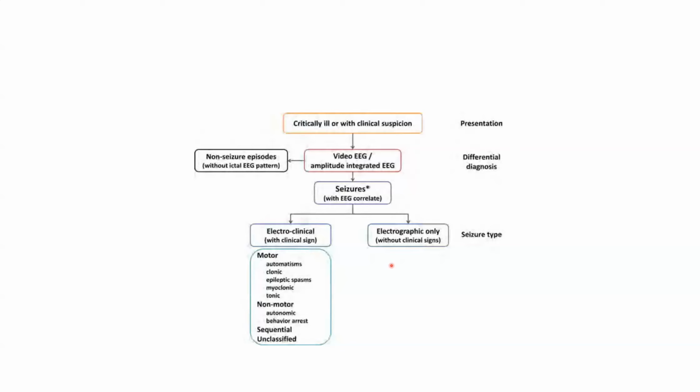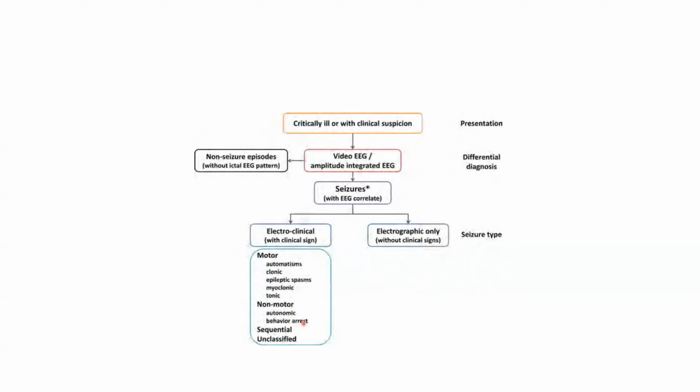When you have a clinical manifestation along with an EEG pattern, then they can be classified as electroclinical seizures. Then you subclassify them into motor and non-motor, right? So motor seizures include automatisms, clonic seizures, epileptic spasms, myoclonic seizures, and tonic seizures, whereas non-motor seizures include autonomic seizures and behavioral arrests, right?